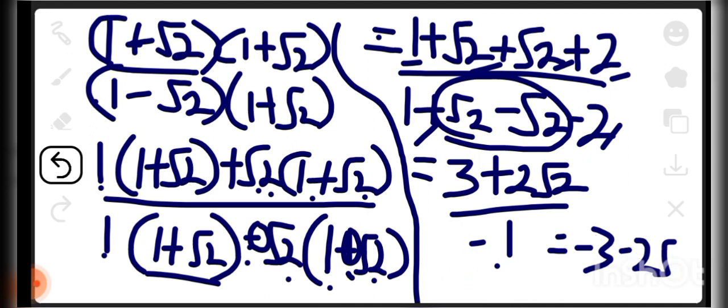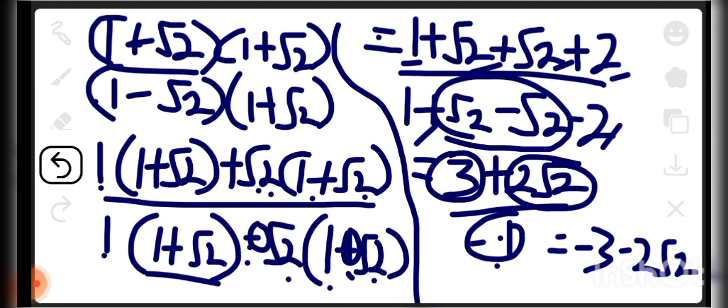Look at it. Minus 3, because 3 divided by minus 1 gives us minus 3. Then this divided by this same minus 1 gives us minus 2.